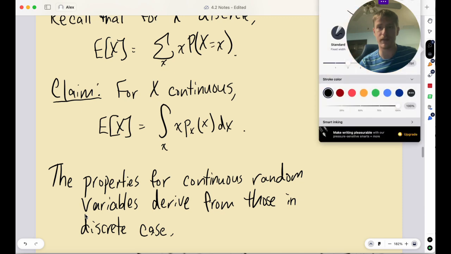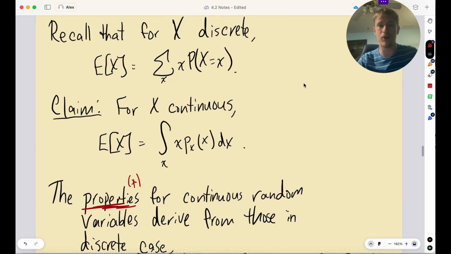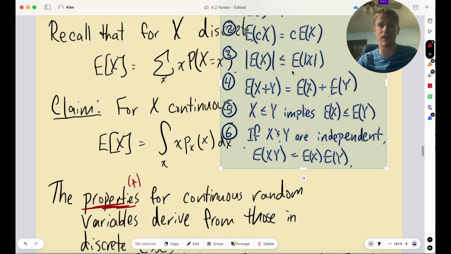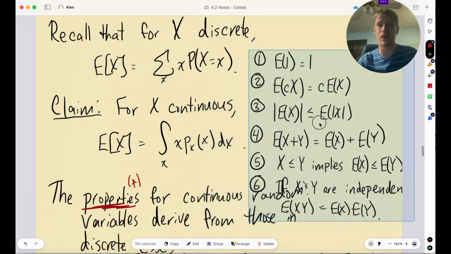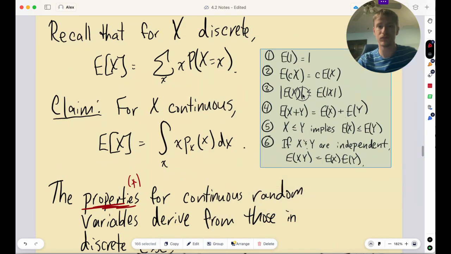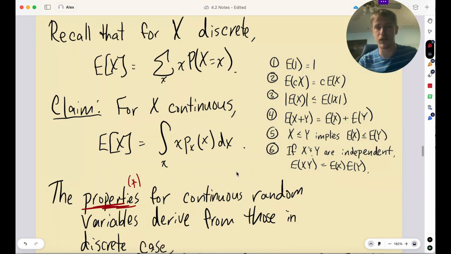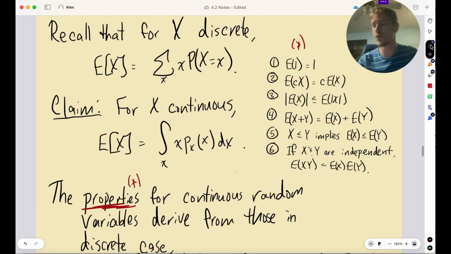I should probably specify that. Maybe I'll put a star right here. What I mean by properties is what we derived in the last video. All of those also work for continuous variables, and that's pretty important because we're going to use those properties a lot. All right, let's move to an example.